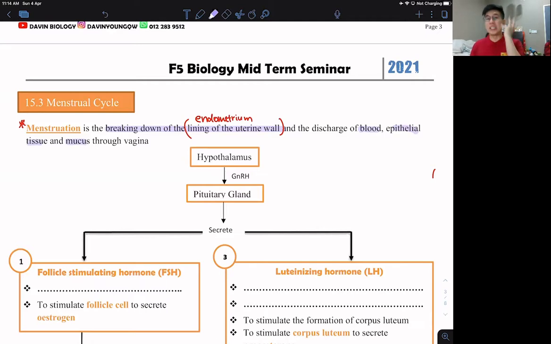So basically what's inside the blood is your broken down endometrium wall. Actually there's also ovum, secondary oocyte, and corpus luteum inside, along with some mucus and tissues.